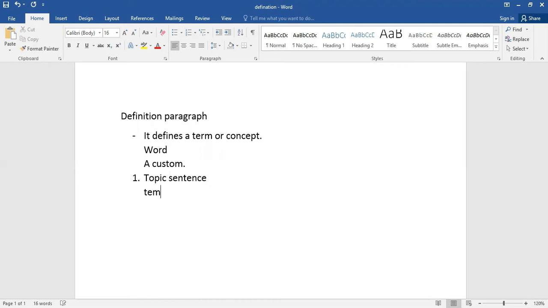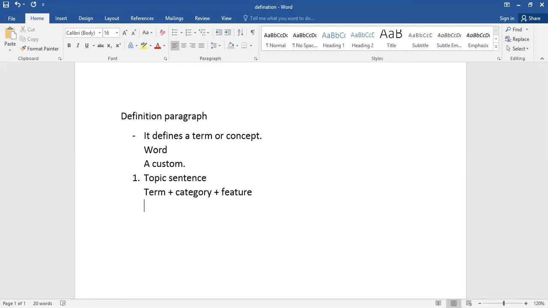The topic sentence in a definition paragraph has a formula. You have to explain a term in your topic sentence. There must be a term. After the term, there should be a category. After the category, there should be a feature or characteristic.